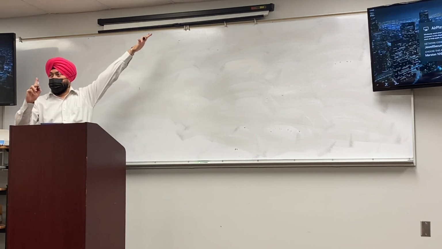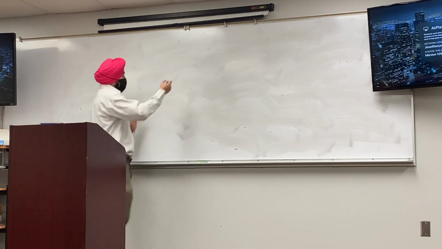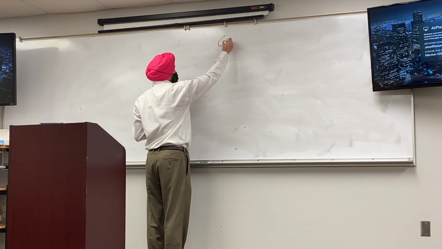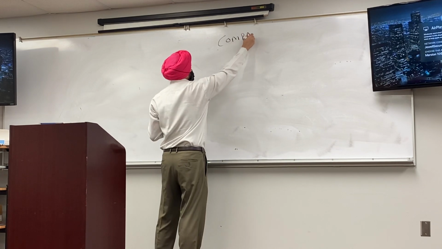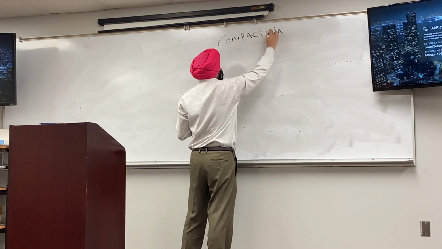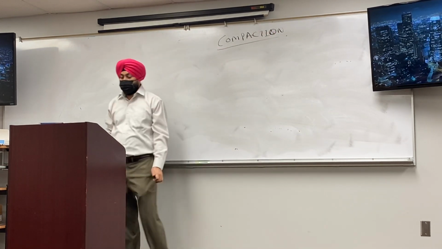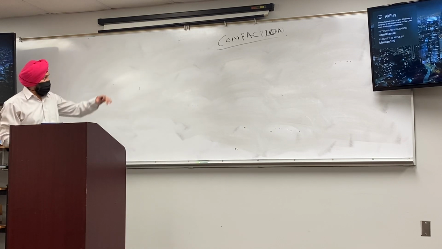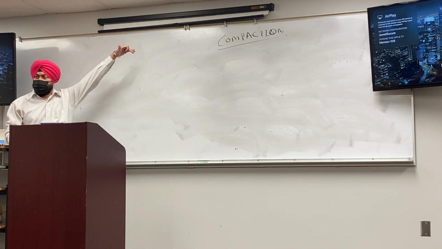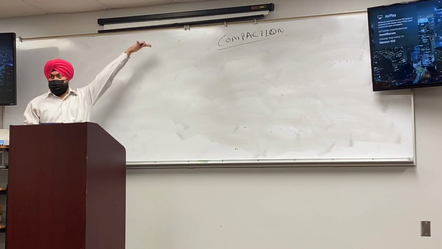At that time, it becomes pluripotent. But before that, something happens, a process we call compaction. One of the most crucial events that happens in mammalian cleavage is called compaction.